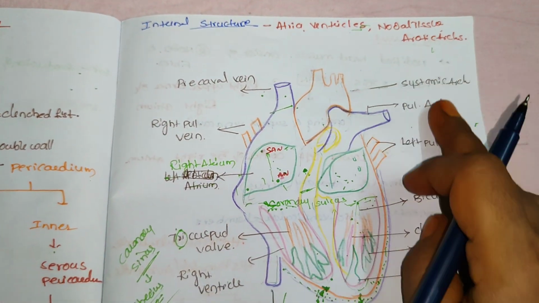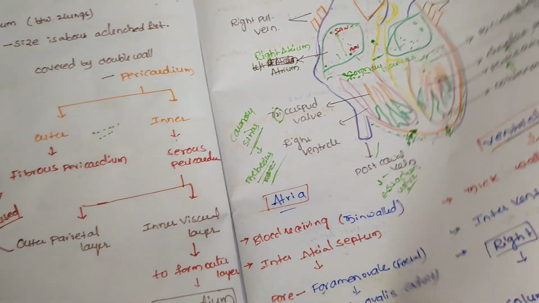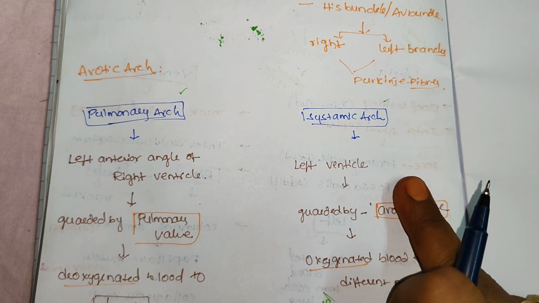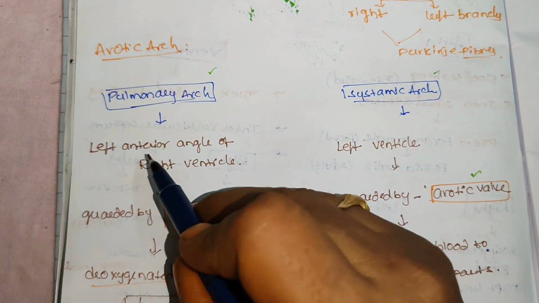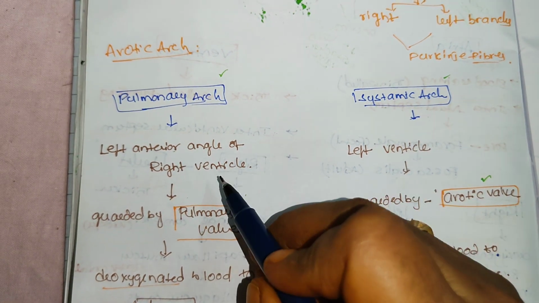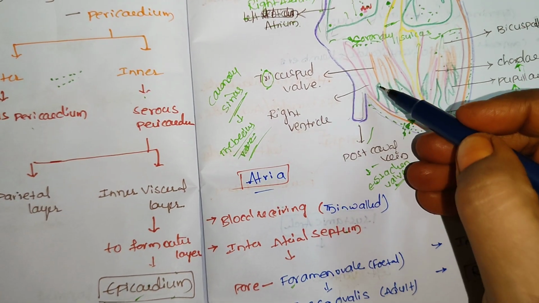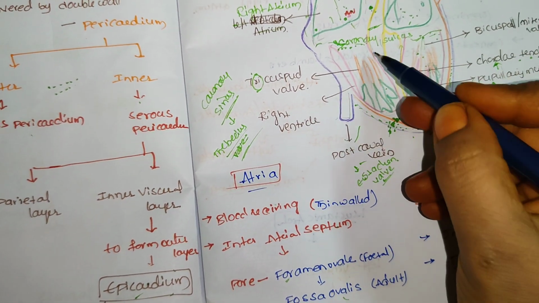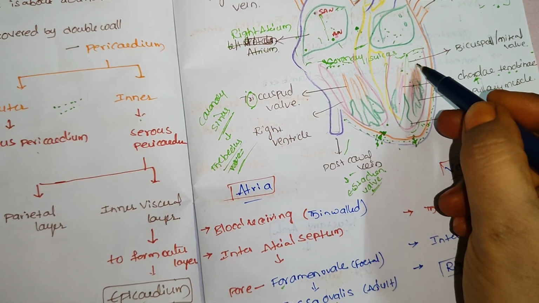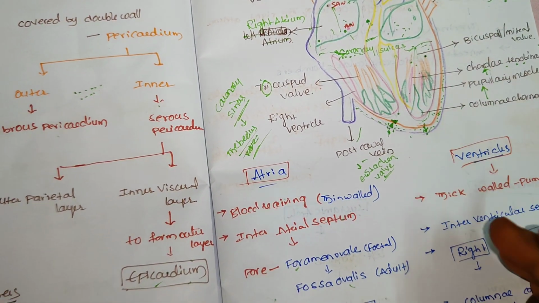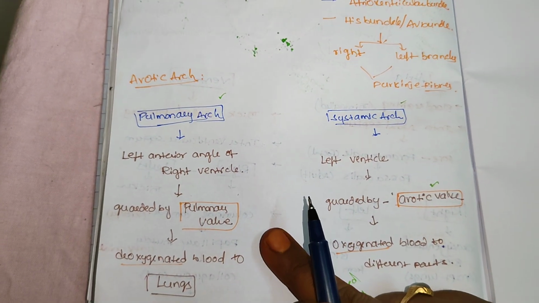Then aortic arcs. So we have two aortic arcs, that is pulmonary arc and systemic arc. So in the pulmonary arc, it is located on left anterior angle of right ventricle. So here left anterior part of right ventricle.